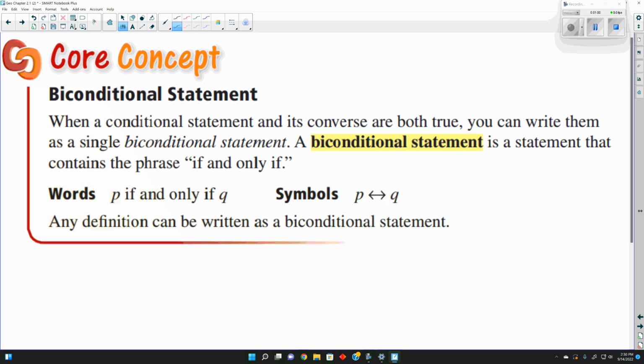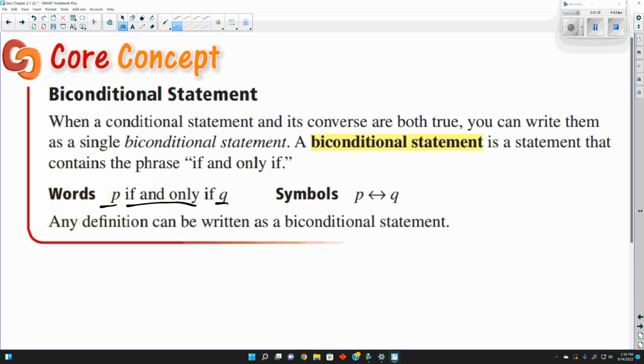We take away the if-then, and we write it as: hypothesis, if and only if, conclusion. Or vice versa, because as long as it works both ways, we can rewrite it as a biconditional statement.